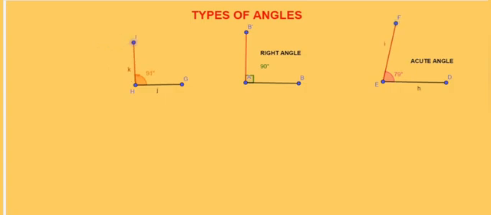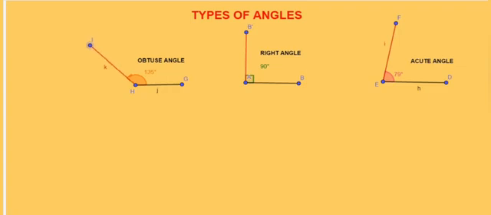Now you can see so many angles like that, greater than 90 degree and less than 180 degree. Such angles are called obtuse angles. Clear? Less than 90 degree is an acute angle, greater than 90 degree is an obtuse angle.